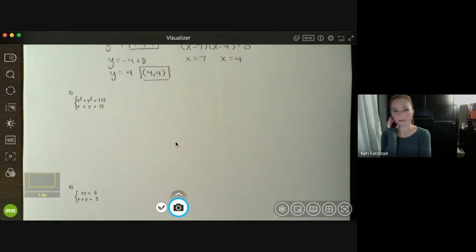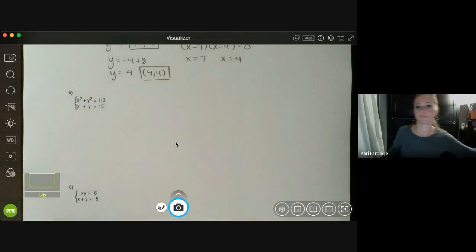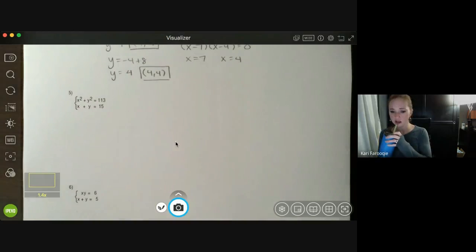Can you remember? Think back into the recesses of your memory. What type of graph would be represented by x squared plus y squared equals 113? Oh, maybe it's been a long time.